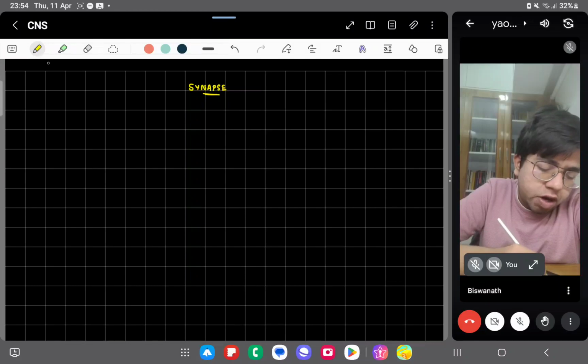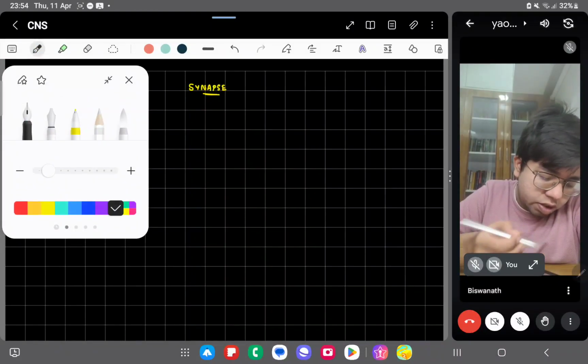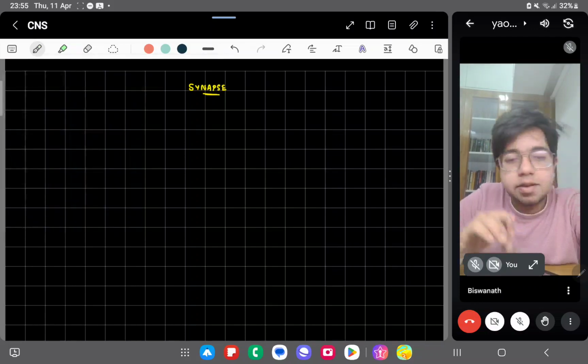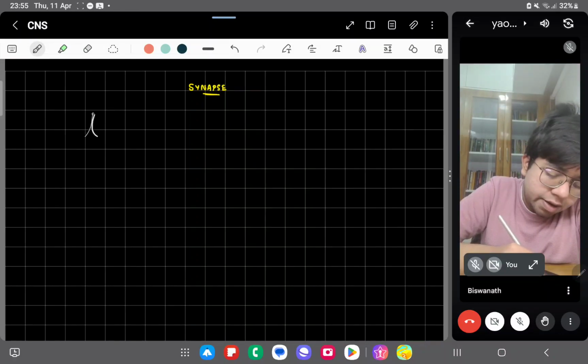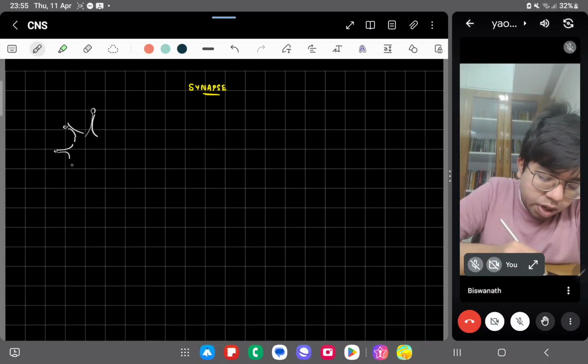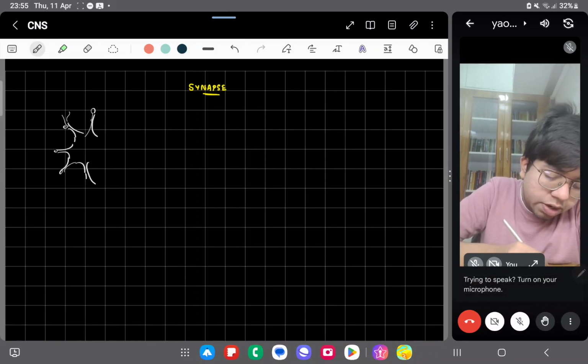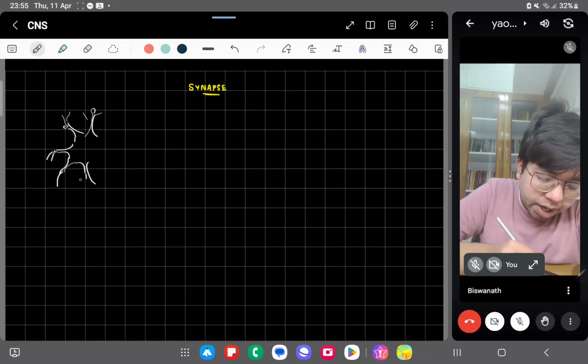If I want to draw, you have to see my drawing skills. I prefer to draw the dendrites first. These are your dendrites, or dendritic processes. This is the soma or the cell body.